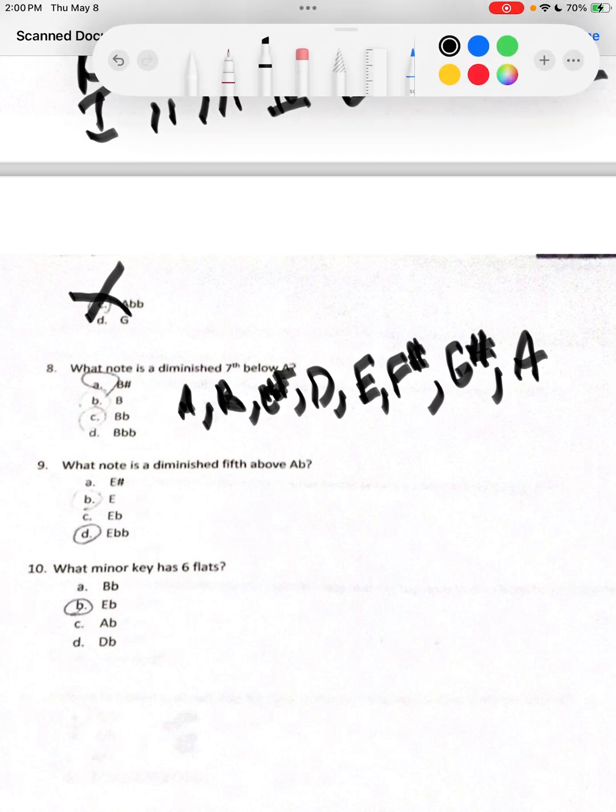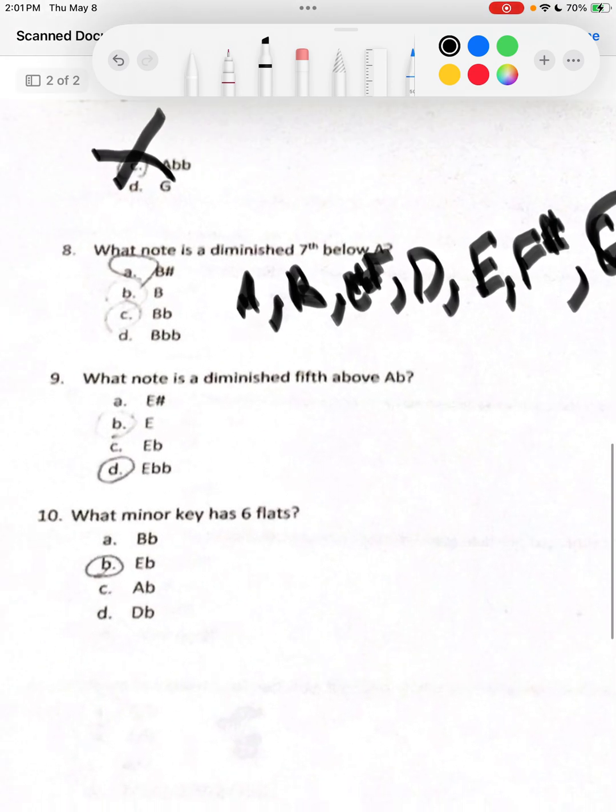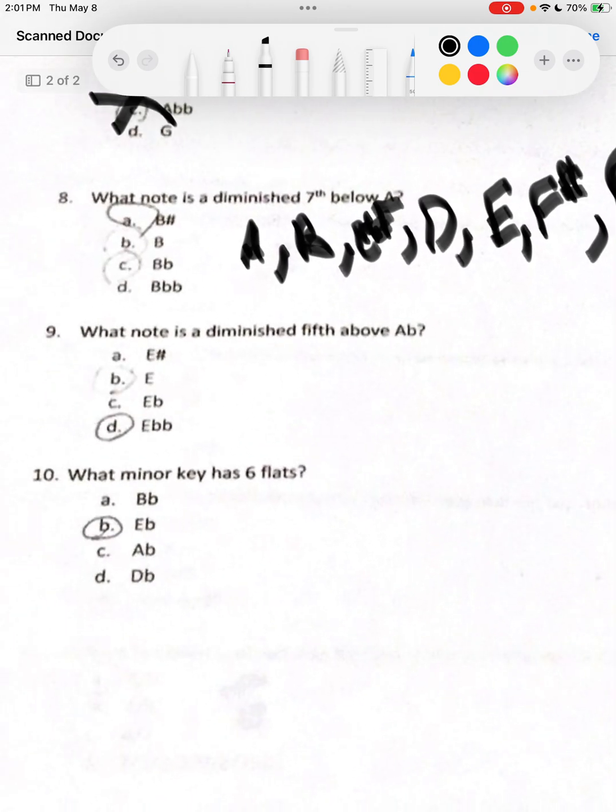Why is it B sharp? Okay, that's what I'm stumped on. Because I'm looking at this, this should have been the answer, because that G sharp is diminished already. Why is it not in my choices? Okay. Guess I'm thinking way too much. Alright. Okay, now that makes sense. The A flat. Okay.